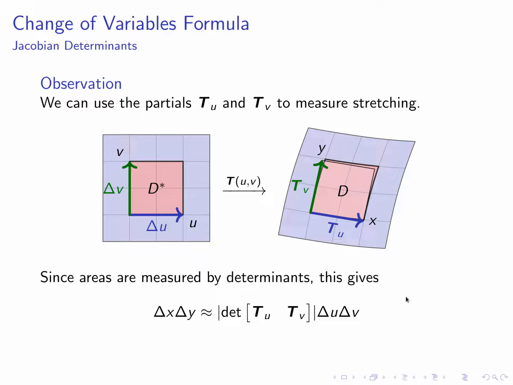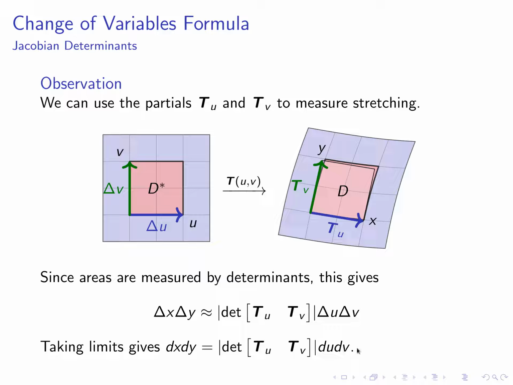To get a precise answer, we should take limits. And when we take limits, what we end up with is a formula that says dx times dy should be equal to the absolute value of the determinant of the matrix whose columns are the partials of the change of variables function with respect to its input variables, multiplied by du dv.